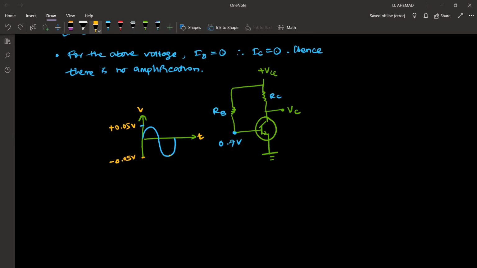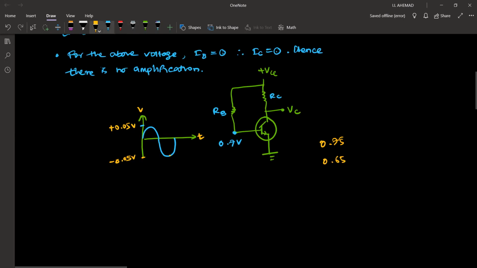When the signal is at its positive peak, the voltage becomes 0.75. When it is at its negative peak, it is 0.65.